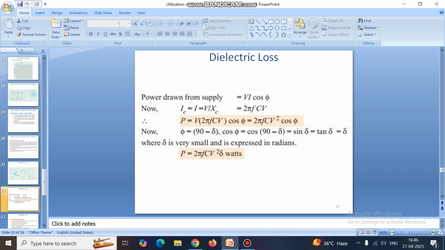Here the angle delta is very small, so cos of (90 degrees minus delta) is equal to sin delta. If the delta angle is small, you can write it simply as delta. That's why P is equal to 2 pi F C V squared into delta. This is the power equation for dielectric loss, and this power is directly converted to heat in dielectric heating.